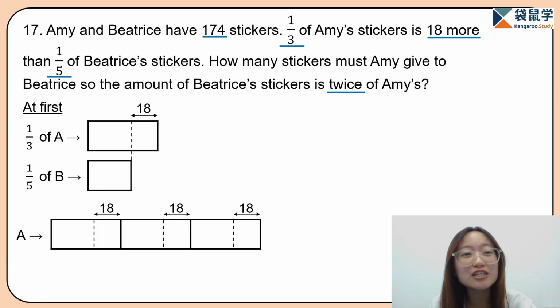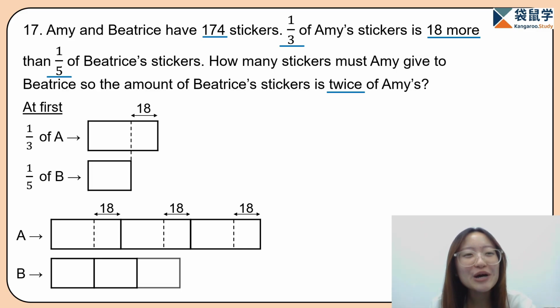So let's draw 3 of these parts. And this will be the total for A. Now for B. This is one part of B. How many parts will B have in total? 5. So we draw 5 of these parts.